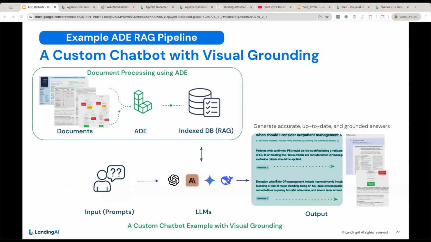And just another example, which we did mention in the upstream extraction and downstream slide, but a very common use case for working with document processing is a custom chatbot. So the agentic document extraction can power retrieval augmented generation by processing those documents, storing the structured content in an indexed database, and then allowing a large language model to answer questions, and use the visual grounding to cite that back to the source.